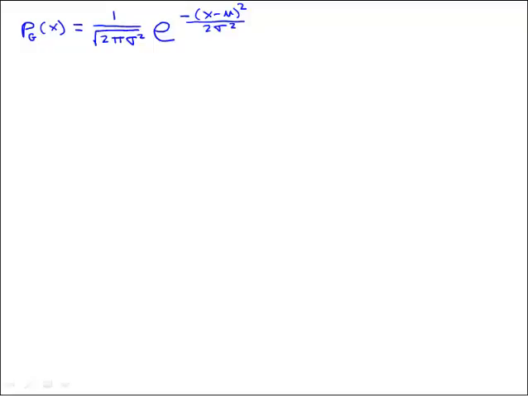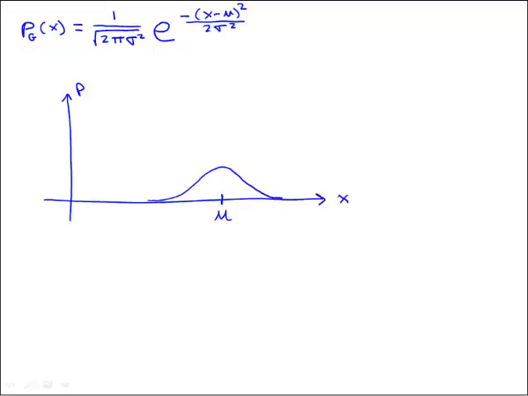If we draw this out, we will find that the distribution is centered at mu, and it has a width that is more or less described by the parameter sigma.